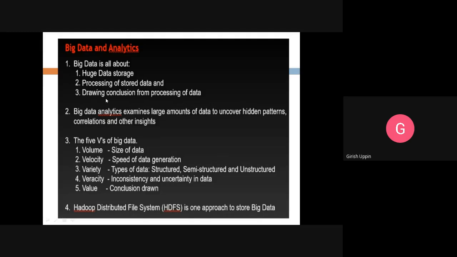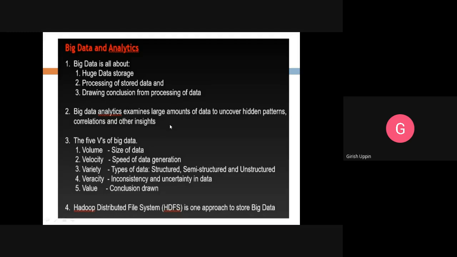If anybody doesn't know the weather pattern of Belgaum city, and is traveling in the month of, let us say, April, they can find the average temperature, the maximum temperature, the minimum temperature, maybe humidity, rainfall, and other weather related information. So we can draw important conclusions from the processing of that stored data.